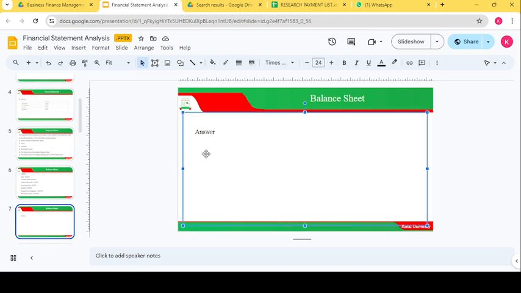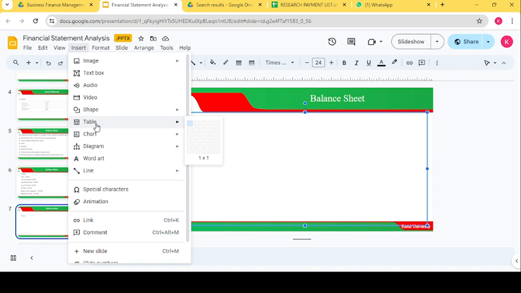So let's put a table. Come to insert, 1, 2, 3, 4, 5, 6, 7.